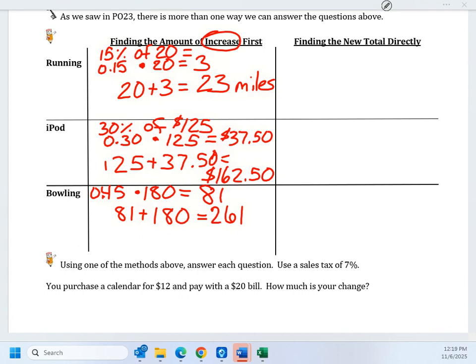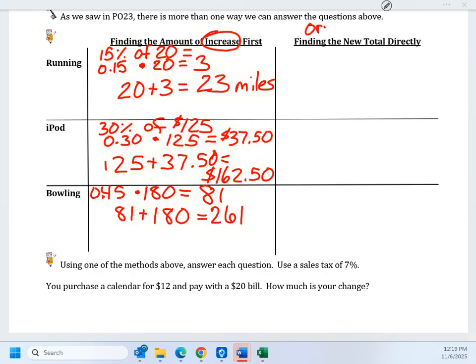So this is our first method. Finding the amount of the increase and then adding it to that original amount. Our second method is called finding the new total directly. We have a little formula you're gonna write down. Here's our formula.